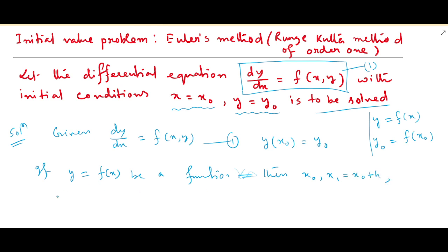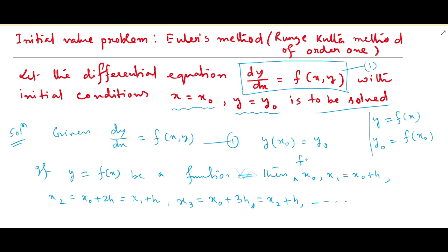Then x2 you can write as x naught plus twice h, or directly x1 plus h. Then x3 equals either x naught plus thrice h, or x2 plus h.